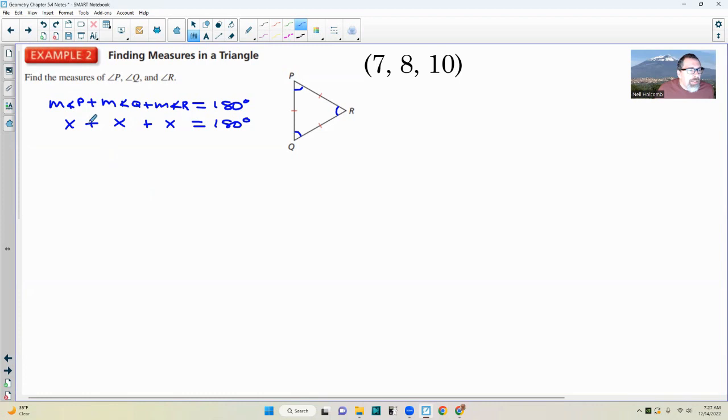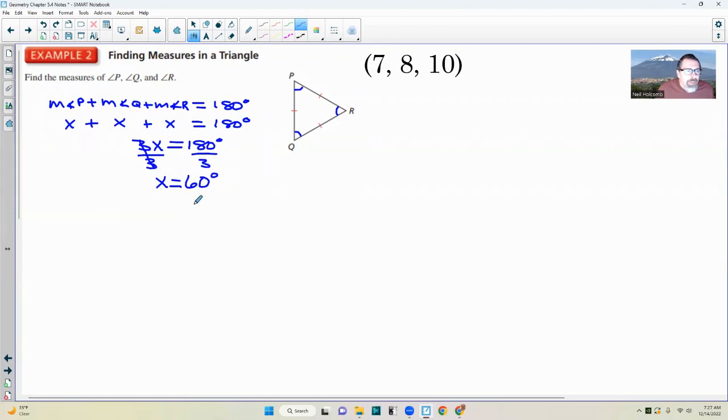Then I can combine like terms. X plus X plus X is 3X. And 3X equals 180 degrees. And to find one of those X's, all we need to do now is divide by 3. And 3 divided by 3 is 1, or 1X. And so therefore X equals 18 divided by 3 is 6, and bring down that 0.